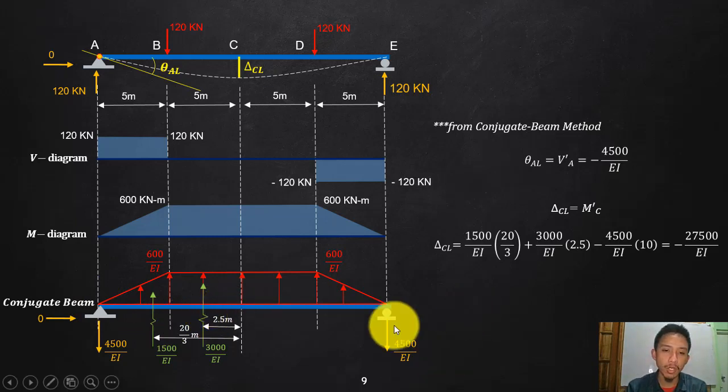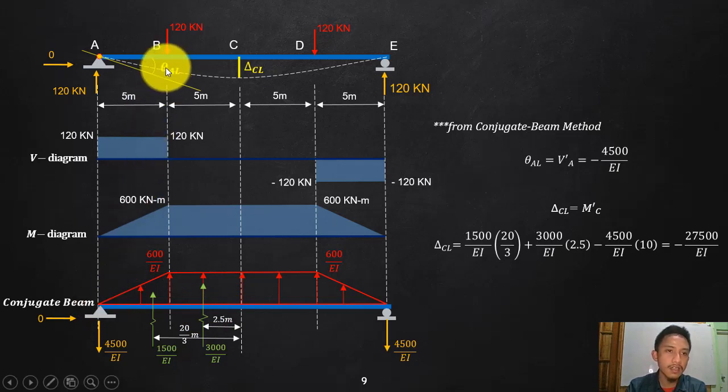So I will not be drawing again the shear and moment diagram. If you try to recall your conjugate beam or moment area method, the shear at the point is the rotation in radians.